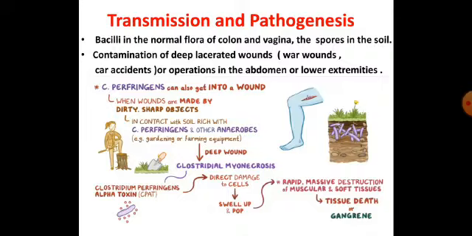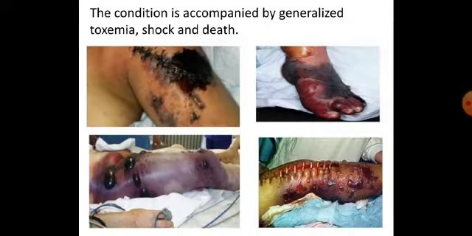As we said before, this alpha-toxin causes direct damage and swelling of the cells, and rapid, massive destruction of muscular and soft tissues, resulting in tissue death or gas gangrene. And this is a clinical photo showing the condition. This condition is accompanied by generalized toxemia, shock, and death.